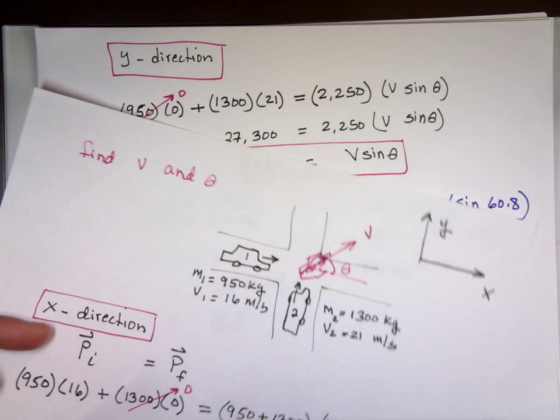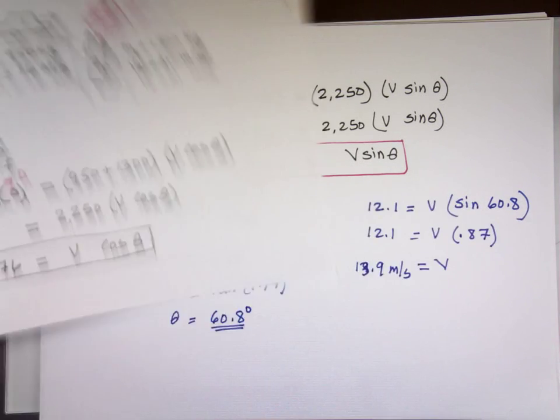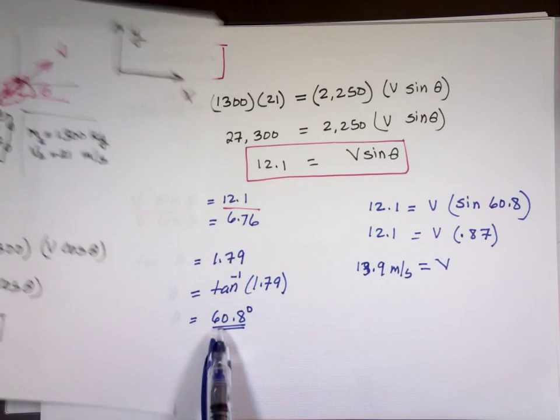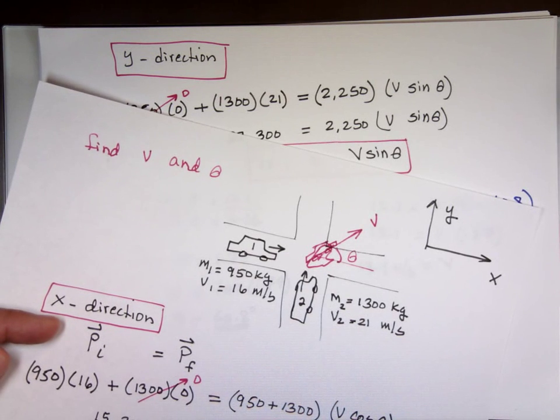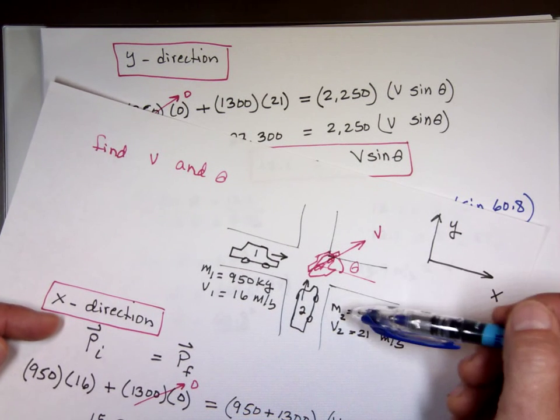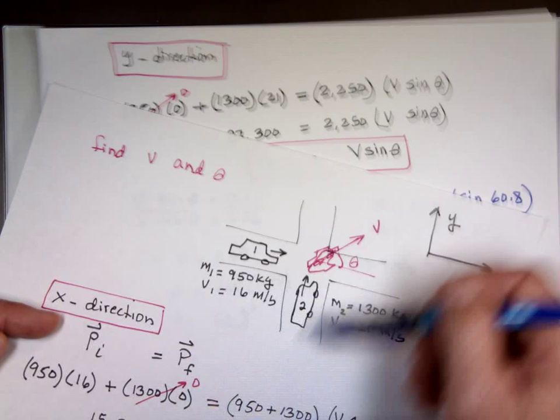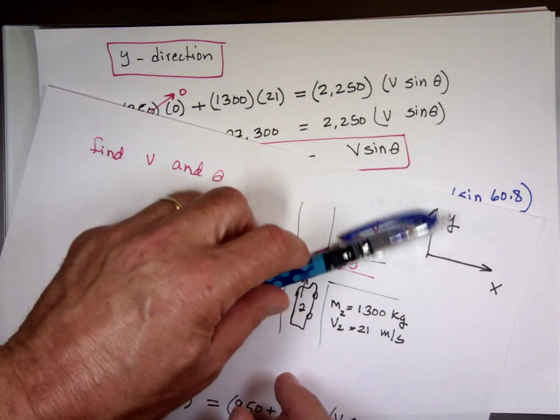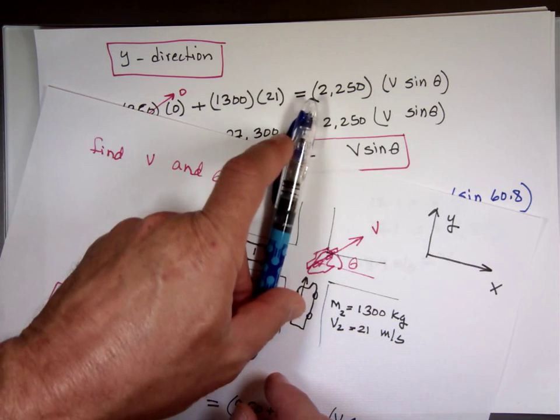Velocity of 13.9. This angle here will be 60.8 degrees. It should be toward the y because this is the heavier car moving faster. So it's going to push it. If this was the heavier one moving faster, this line would be closer to the x-axis instead of the y-axis. But you have to break it down to x and y components.